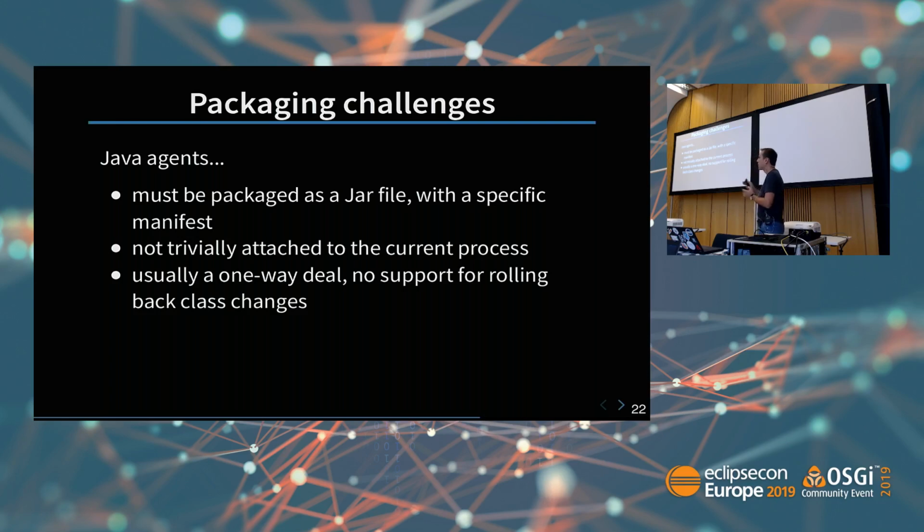You need to run them later as integration tests. It's not trivial to attach them to the current process, and even if it would be trivial, they sort of taint the current process. You attach the Java agent, you transform the classes, you have one scenario, and then if you want to transform them again, you can start running into trouble.